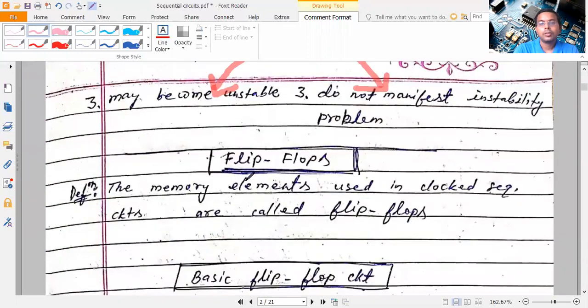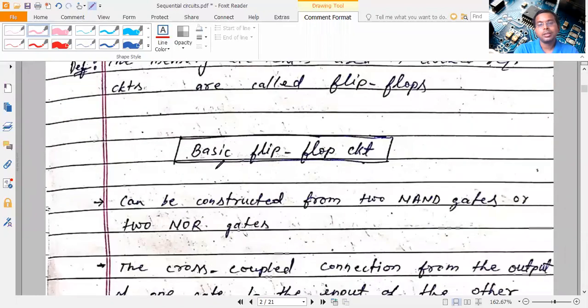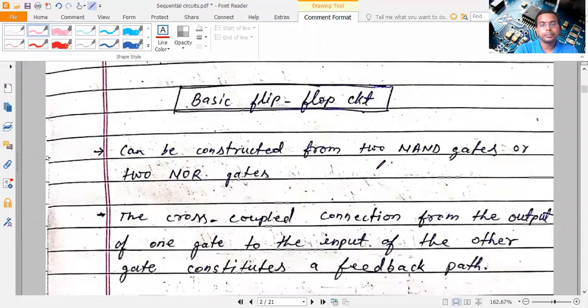Now, let me discuss flip-flops. The memory elements used in clocked sequential circuits are called flip-flops. Let us discuss the basic flip-flop circuit first. A basic flip-flop can be constructed from two NAND gates or two NOR gates.